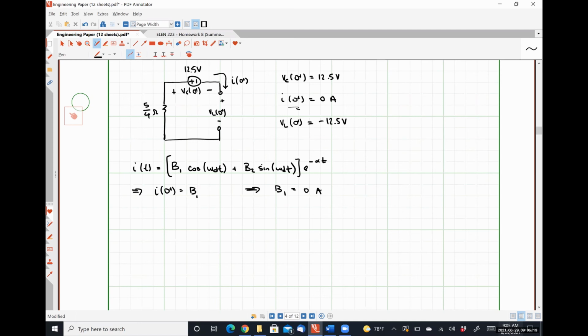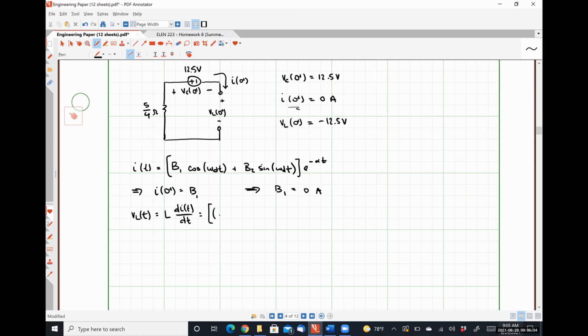Then we have our voltage relationship. VL of t is equal to L di by dt, which is going to be, oh gosh, let's see.